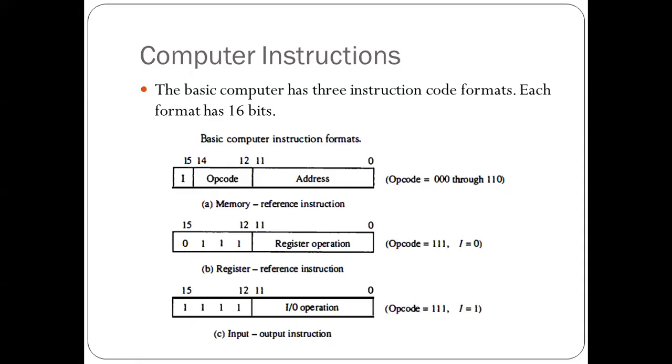Okay, so accordingly we have 3 different instruction types with which I can implement IO operations, register operations, or memory reference operations. Out of the available opcode choices, 6 different choices from 000 to 110, we can implement 2-operand instructions like addition, subtraction, multiplication, or logical operations like AND, OR, XOR.